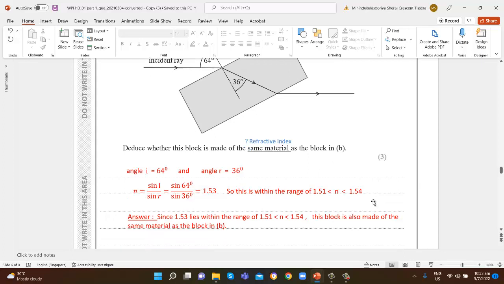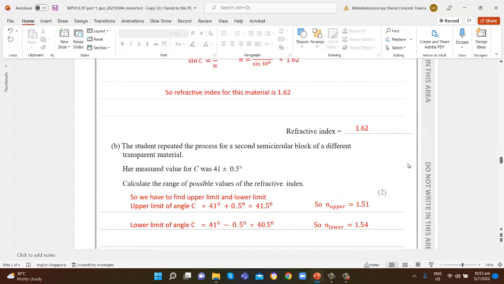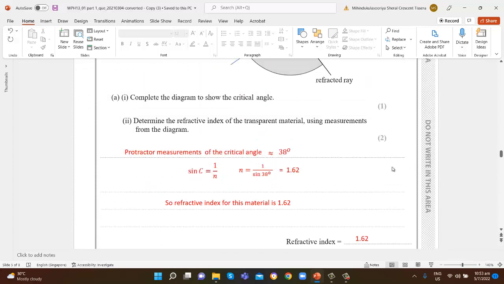So therefore, your answer is, since 1.53 lies within the range, this block is made of the same material as in block P. Remember the two equations. Refractive index is given by sin I over sin R. At the same time, if you know the critical angle, refractive index is given by 1 over sin C. Sin C equals 1 over n.